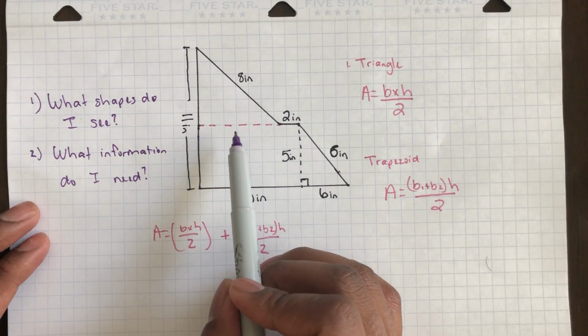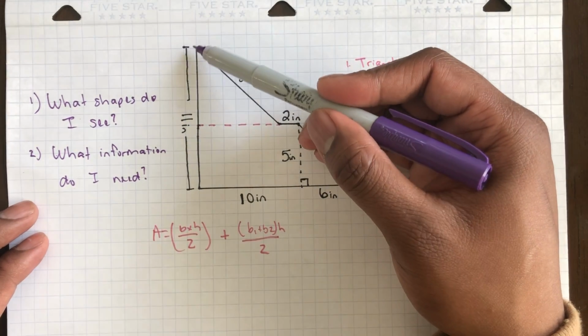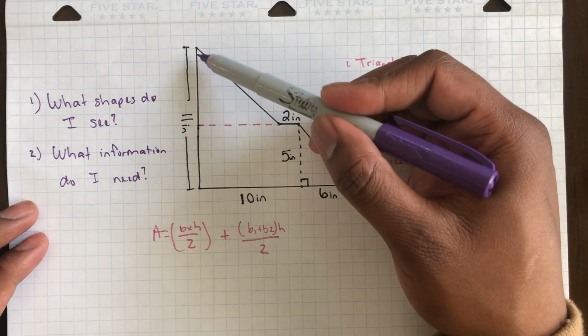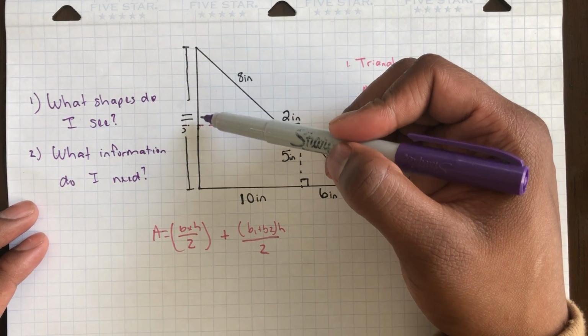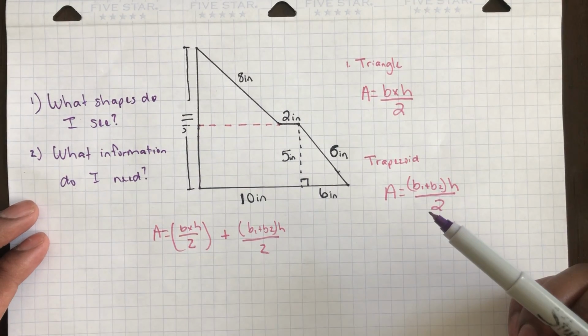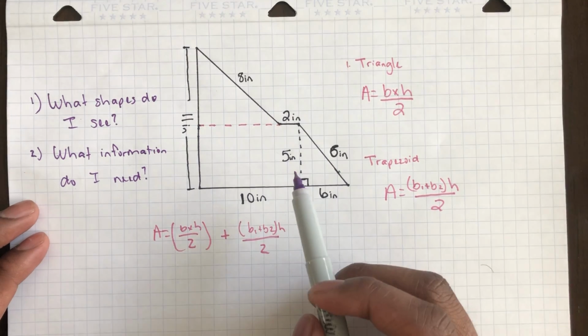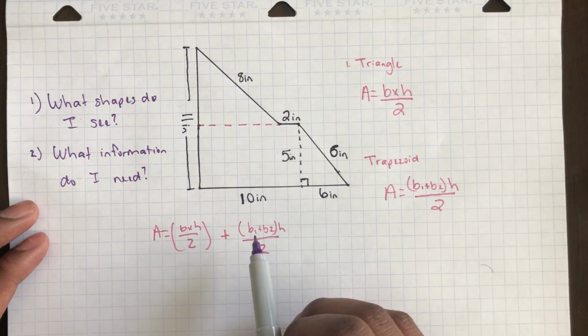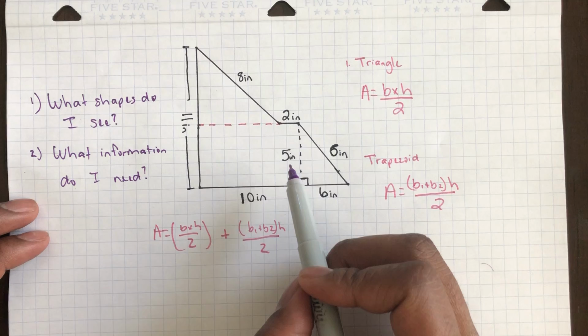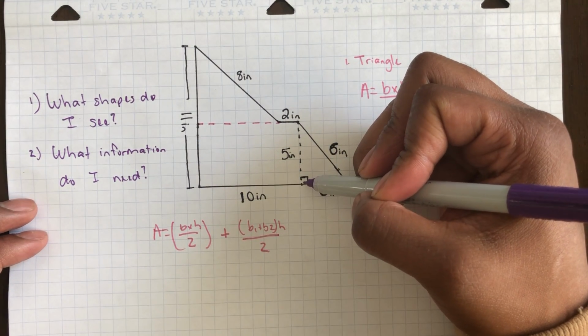There isn't any number that tells me what the base is or what the height is. This 11 inches represents the entire side right here, not just this part for my triangle. So I want to use the sides that are parallel. For example, I know that from here all the way down here is 5 inches.